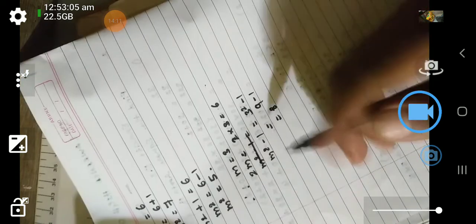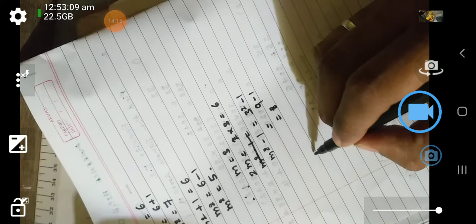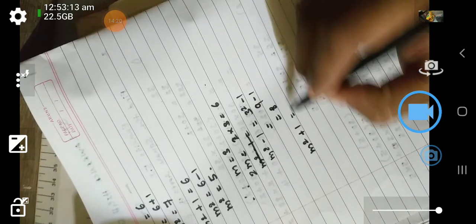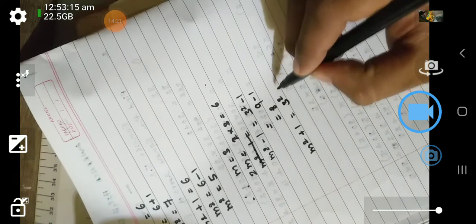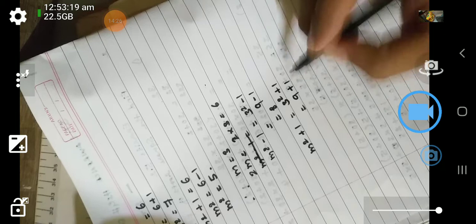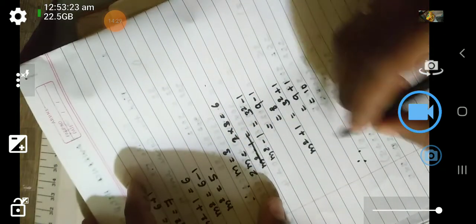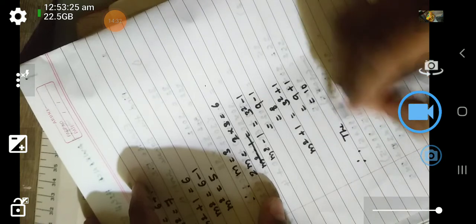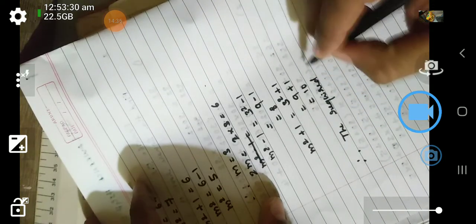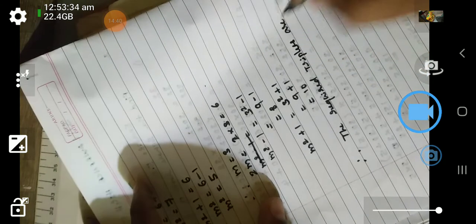Next one is m square plus 1. We know m is 3, so 3 square plus 1 is 9 plus 1, that is equal to 10. Therefore I can finally write that the required triplets are 6, 8 and 10.